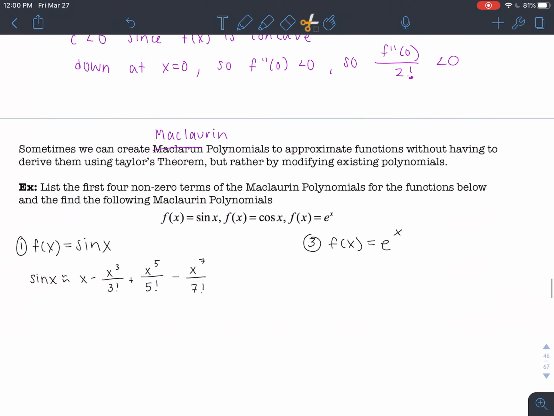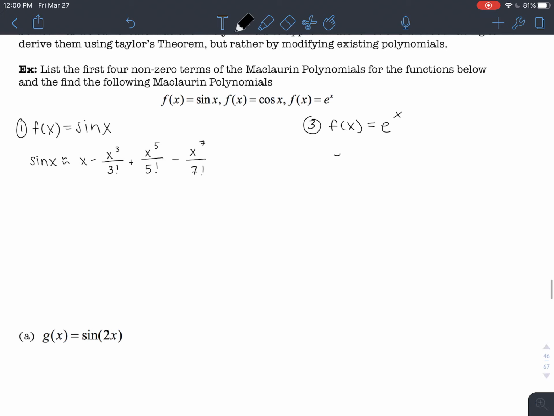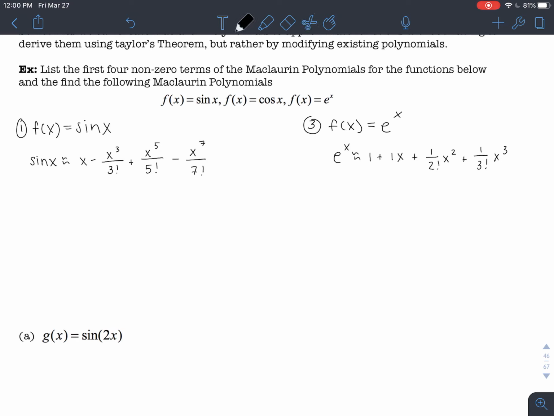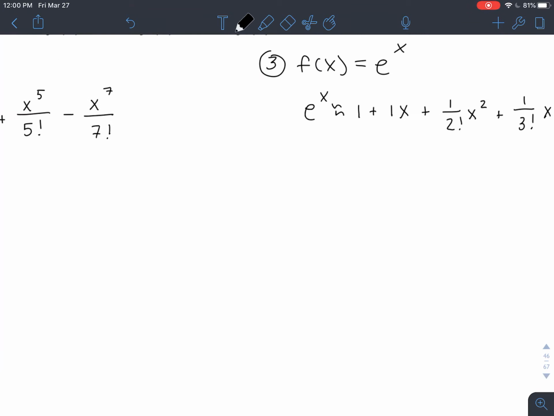They're all positive ones, pretty easy. So our first 4 terms are actually right there for us, so I'm going to just copy and paste it. Work smarter, not harder. So we can say that e to the x is approximately equal to this.